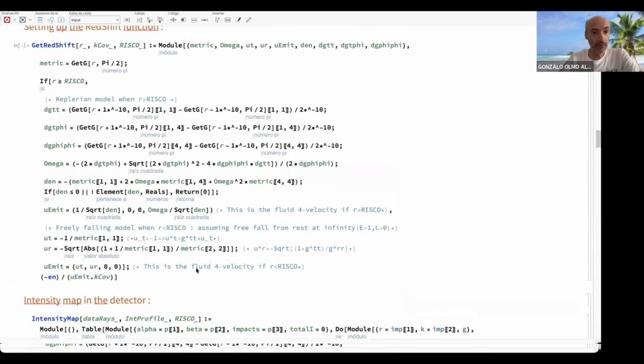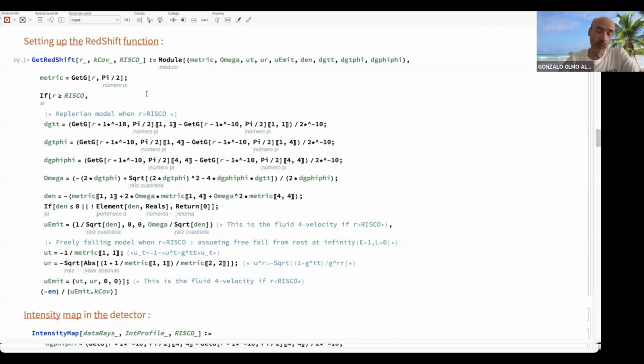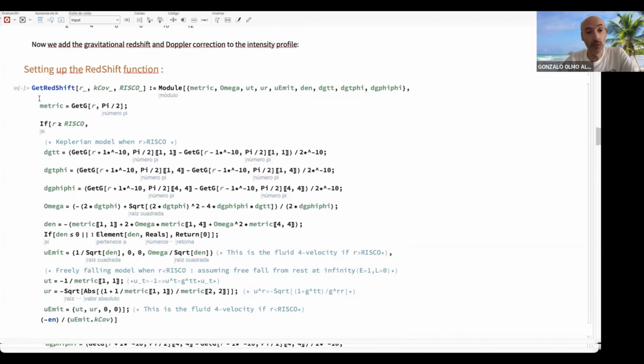For the velocity profile, we introduce it through the redshift function. We will compute the redshift for each geodesic using this information: the position where the geodesic hits the disk and the momentum of the photon at that position.